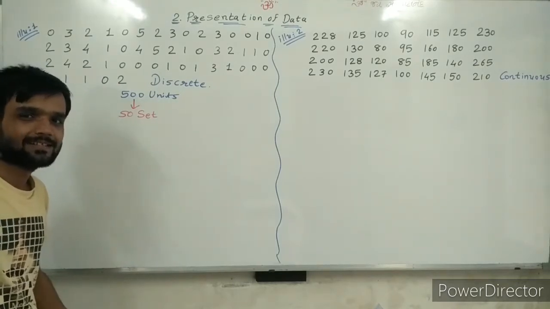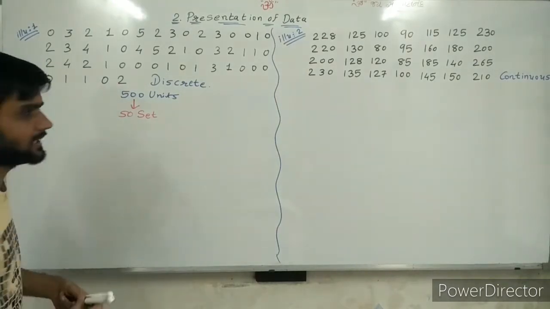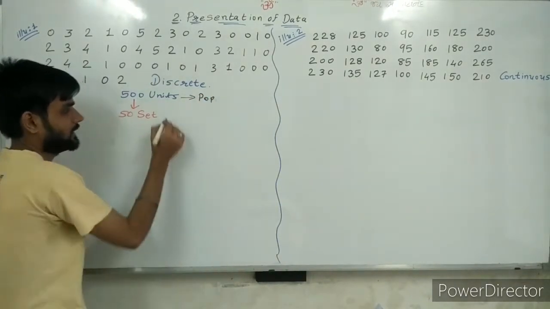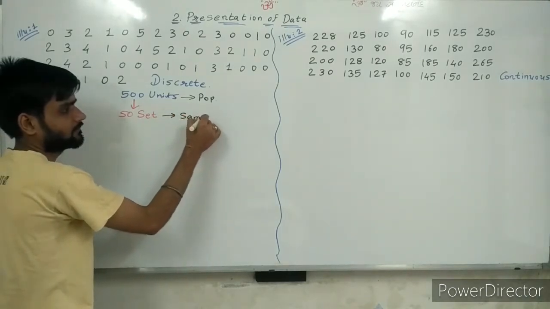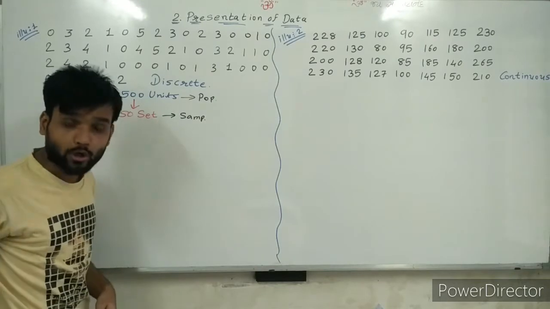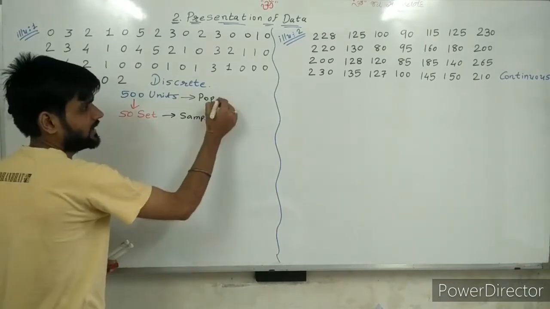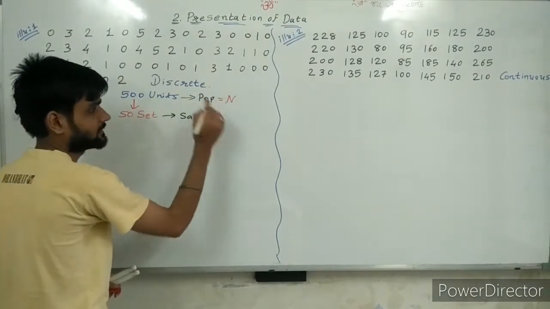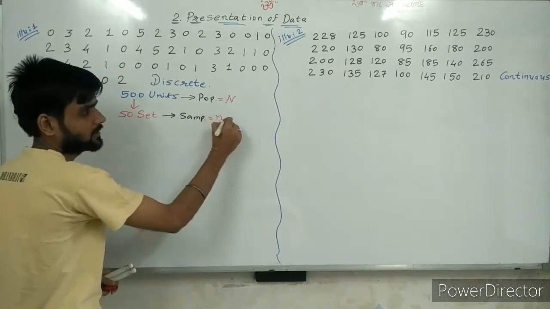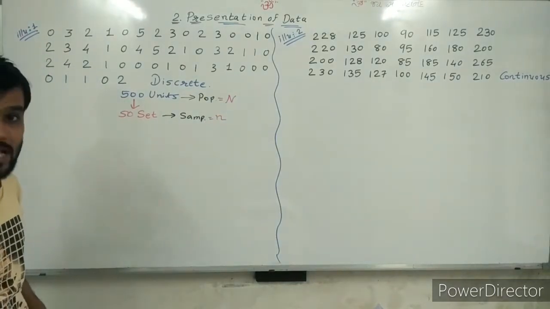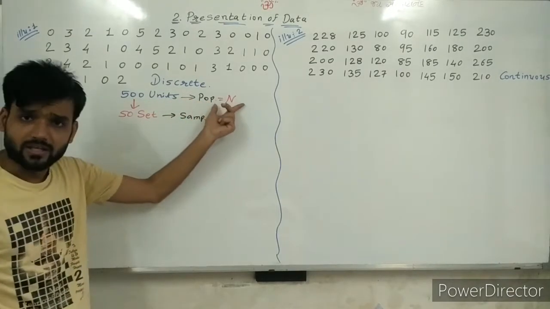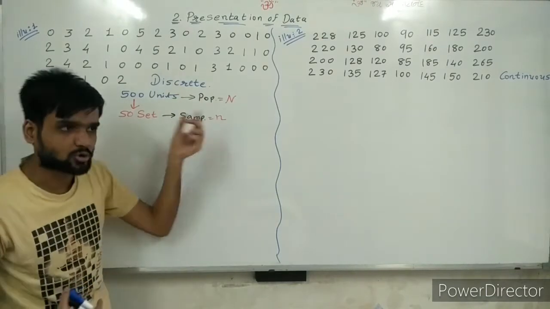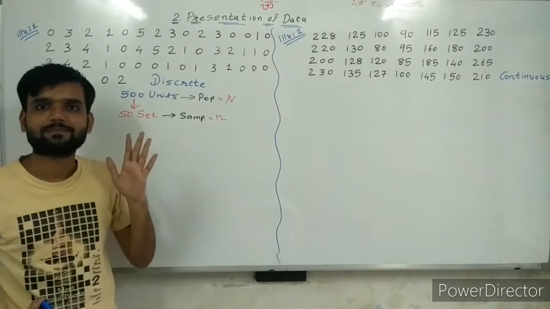Think. Many of you are thinking correctly. 500 means population and 50 is sample. Size of population is denoted by capital N, so 500 is capital N. The 50 sets are the sample, so small n, the sample size.